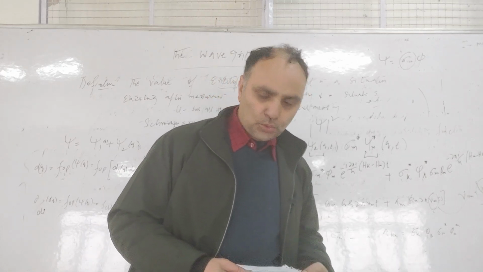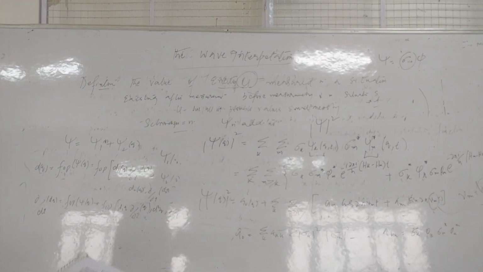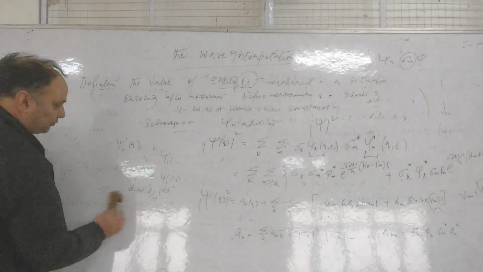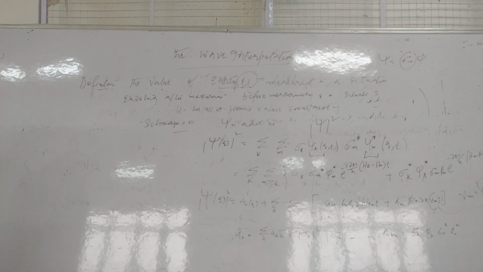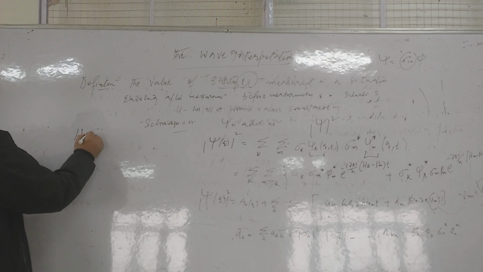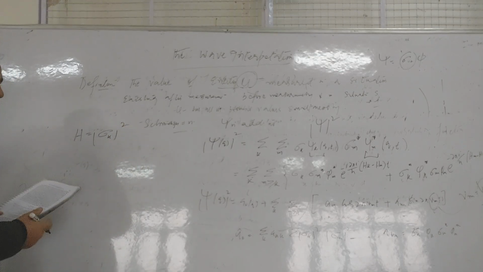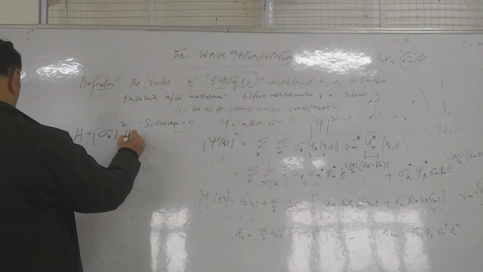So, for example, the Hamiltonian, the sum of the total amount of energy, can be written as sigma k square, where sigma is this thing, hk.